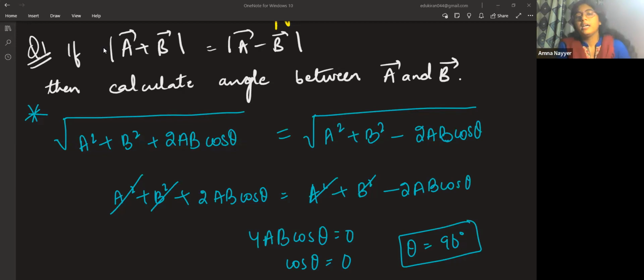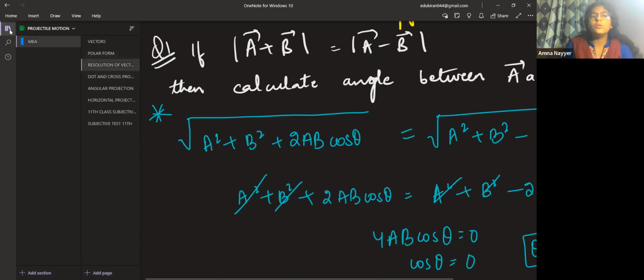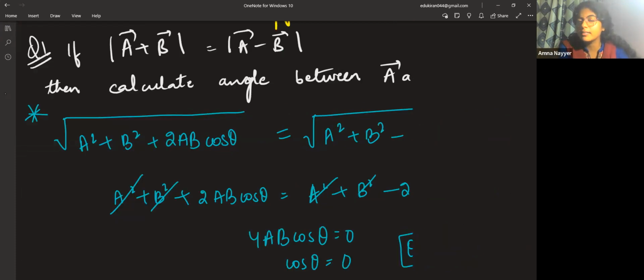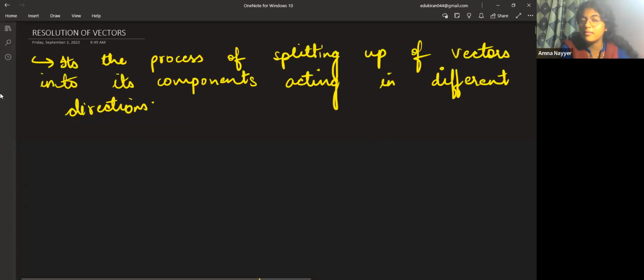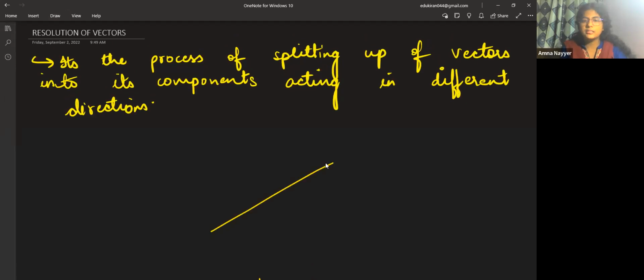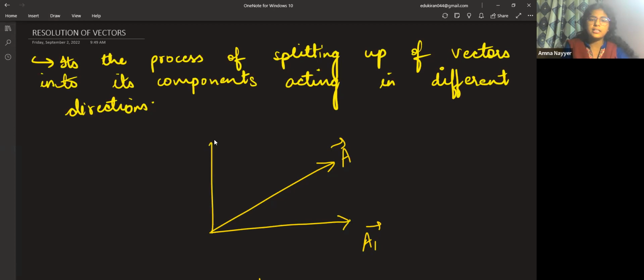Now see, what is resolution of vectors? If a vector is given to you in a plane, not along the x and y axis, we require everything along the x and y axis. If something is not given to you along the x and y axis, then how will you work with it? So we split up the vector. For example, if this is a vector A, we split it into its one component, that is A1, and its second component A2.